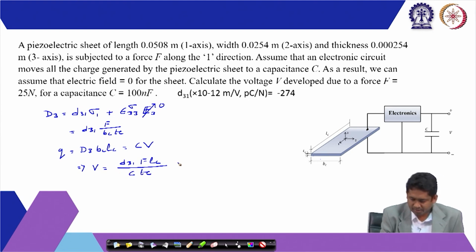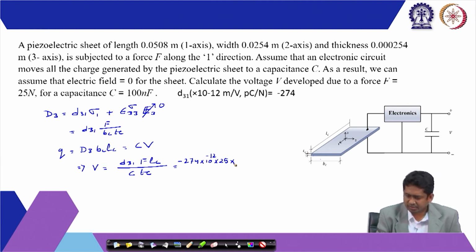So, now if we put the values: minus 274 multiplied by 10 to the power minus 12, multiplied by 25, the force in Newton, multiplied by 2 into 0.0254.